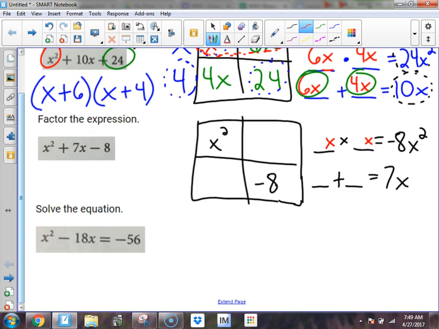Okay, well, 1 times 8 would be positive. You're on the right track. Negative 1x and positive 8x. Yeah. Right? Negative 1, let's check it. Negative 1x, positive 8x. They'll multiply to negative 8x squared. Yep. And they'll also add to positive 7x. It worked.